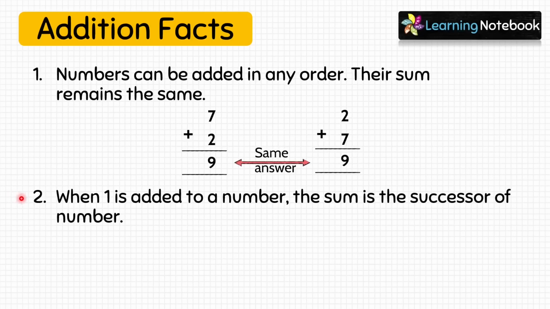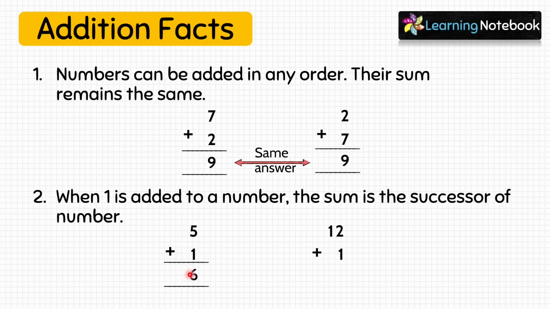Let's see the second addition fact. When 1 is added to a number, the sum is the successor of the number. For example, if we add 1 to 5, that is 5 plus 1, we get the sum as 6. And 6 is the successor of 5.